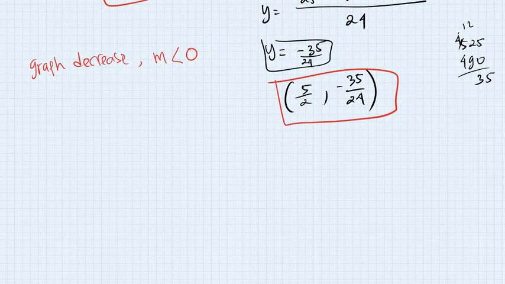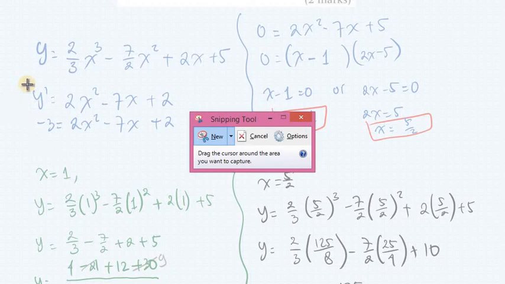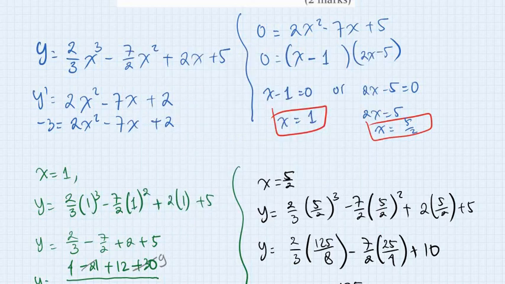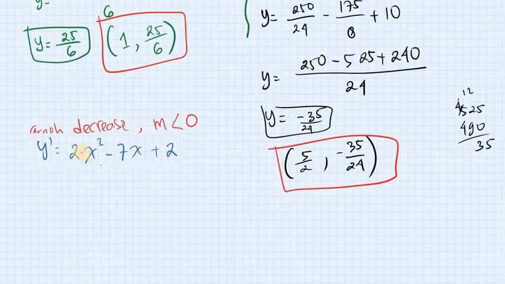So we know that m is this one, the first derivative. This one is the m. Let me cut this, copy, and then bring it down. So m is less than 0.